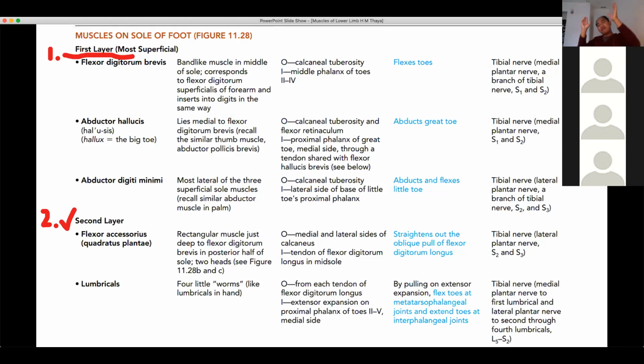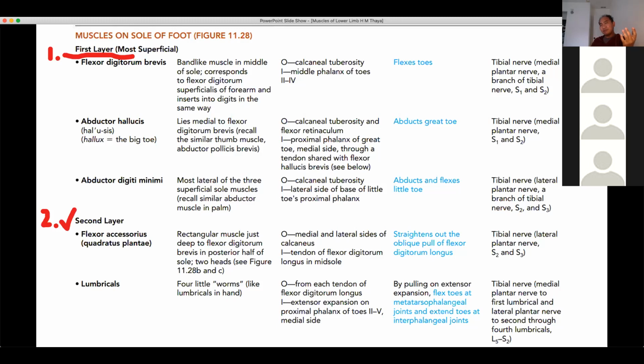They come from the back and go to the thorax or the upper limb, for movement of the upper limb or for respiration of the thorax. Intrinsic muscles of the back are just for movement of the spine and the spine itself.